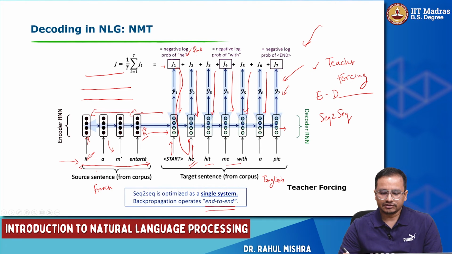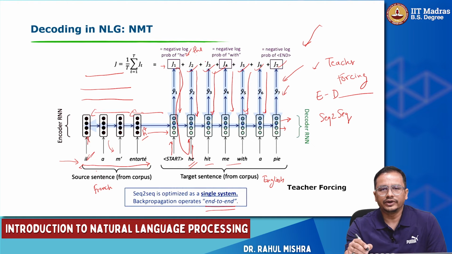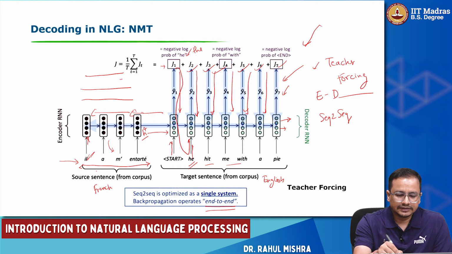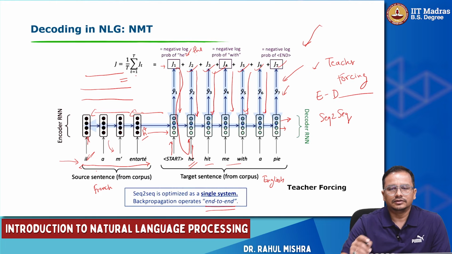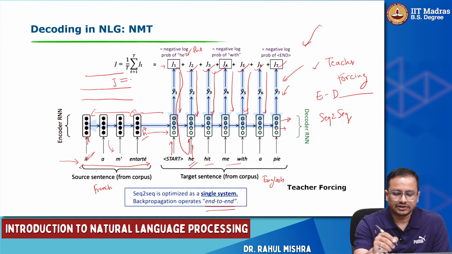So that's called teacher forcing. Then we complete the whole sequence, and we generate these losses at each step. The final loss, as we have already seen when we were going through RNNs, will be the average of all the losses, and this will be the final loss for us.